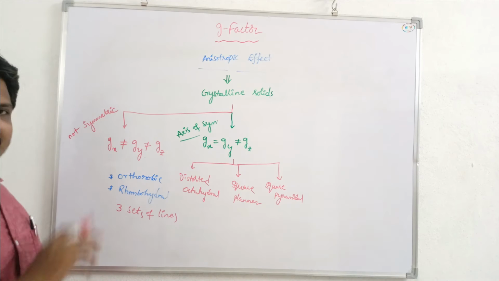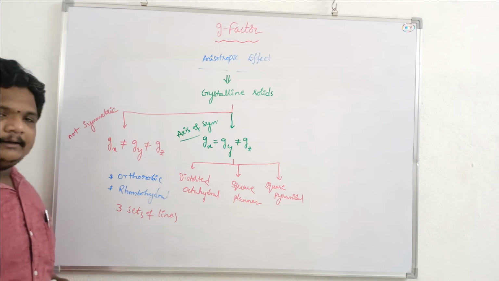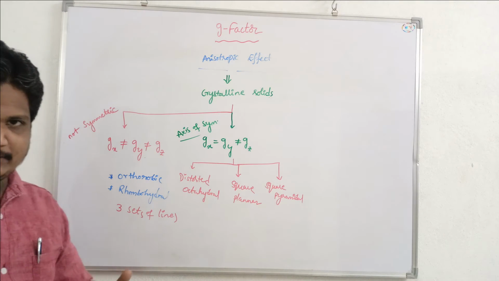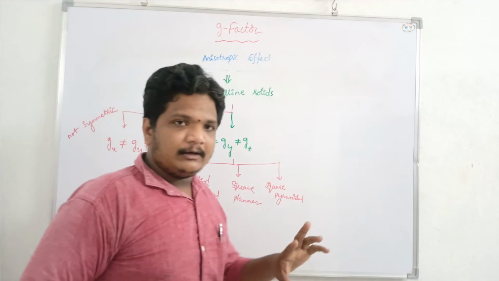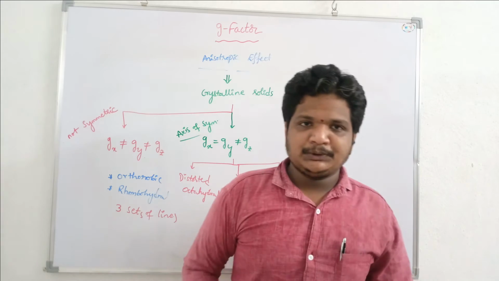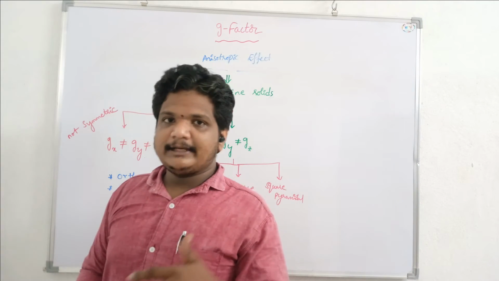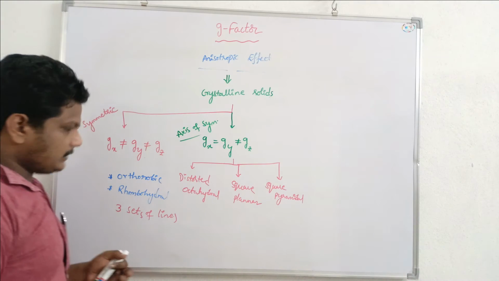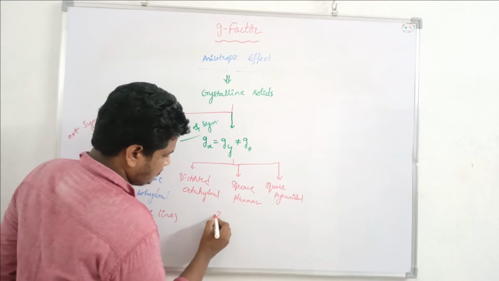These three kinds of molecules can exhibit this kind of g values: two kinds of g values, with the x and y axes having similar g values, and the z-axis having a different g value. So here we can observe two sets of lines.